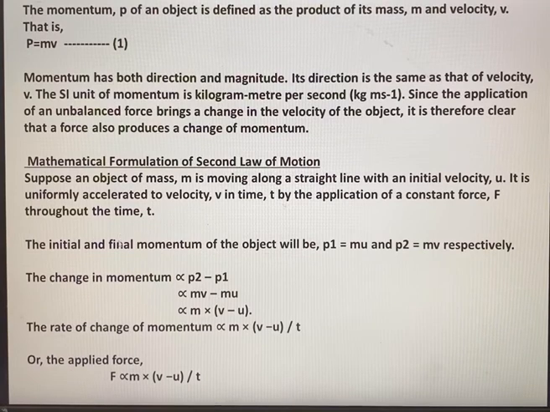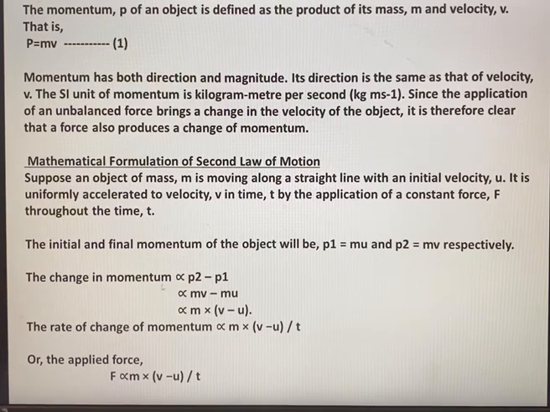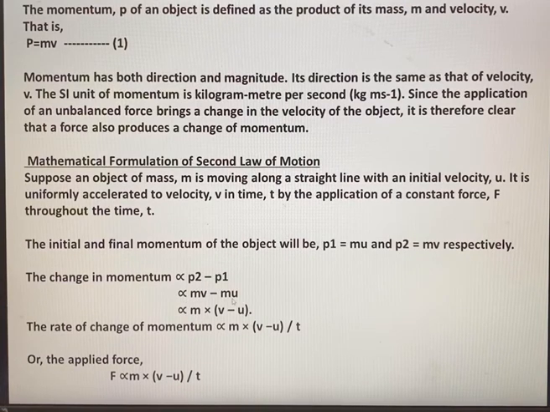The initial and final momentum of the object will be P1 equals mu and P2 equals mv respectively. I guess you can understand the change in momentum equals P2 minus P1, or mv minus mu. If we take m in common, we get m into v minus u. It means v is the latter velocity, u is the previous velocity, we have to subtract.